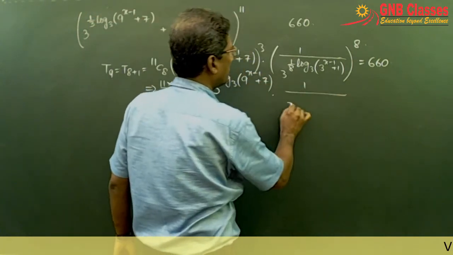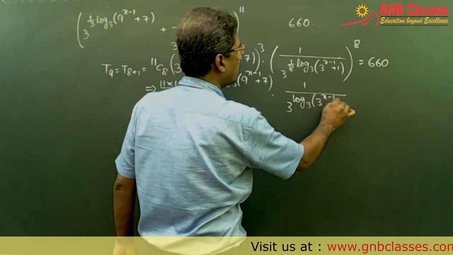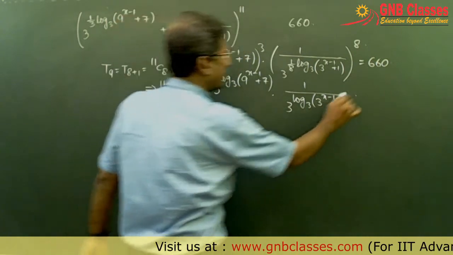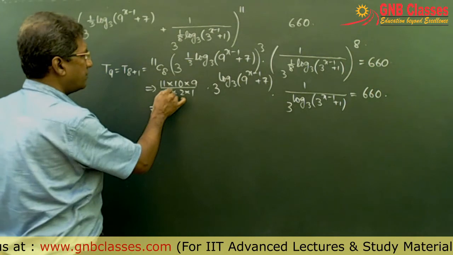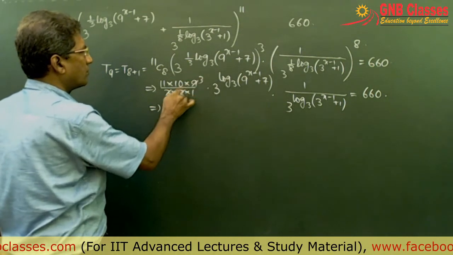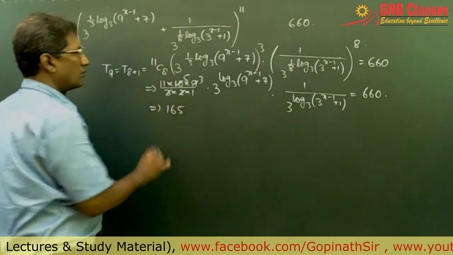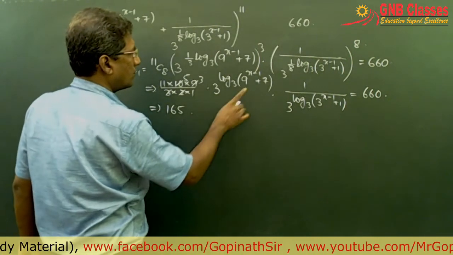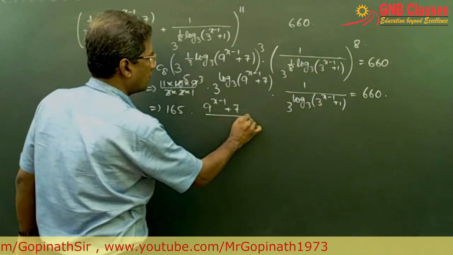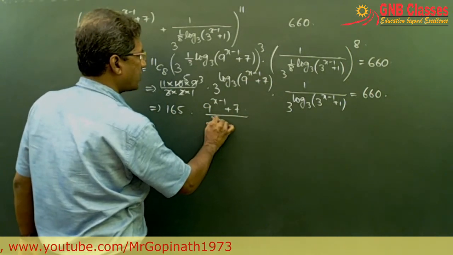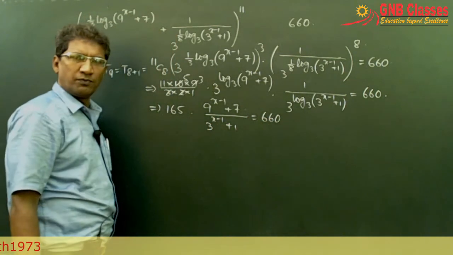1 by 3 to the power log base 3 to the power x minus 1 plus 1, which is nothing but your 660. So what we are getting from here, three to the power x minus 1 plus 1 equals to 660. Is it clear to all of you?